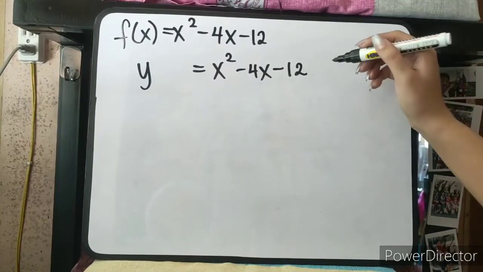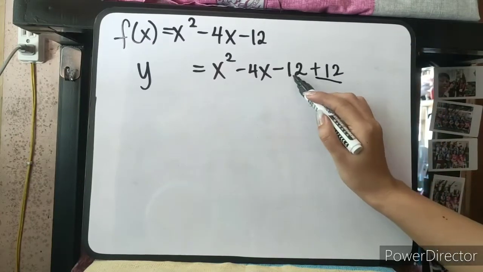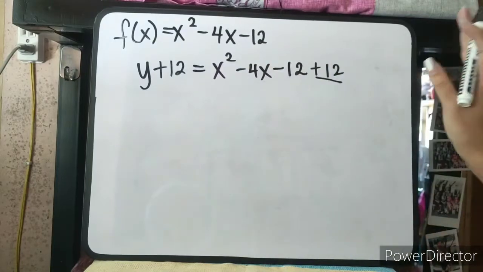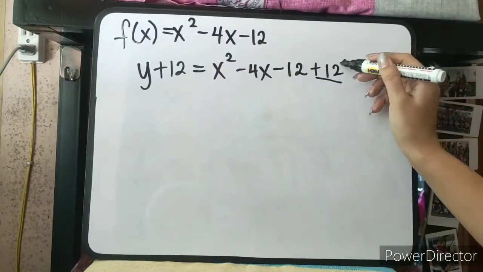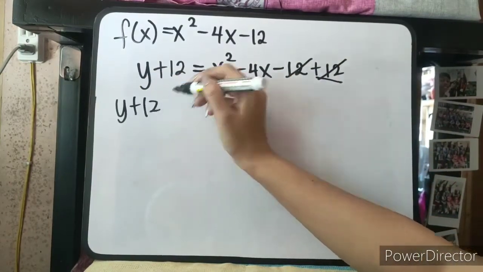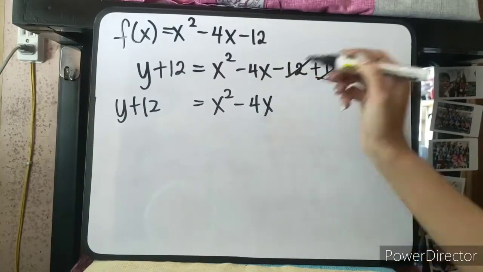Pwede rin po, mag-add tayo ng 12 kasi para mawala ito. So, remember kung ano yung ginawa mo sa right side, gagawin mo din sa left side. So, ito ay para maging 0. So, it will be y plus 12 is equals to x squared minus 4x.